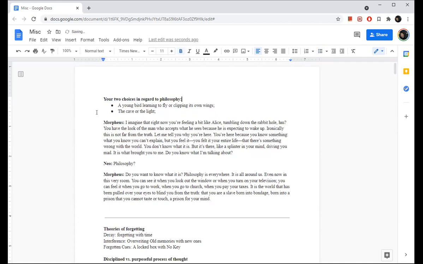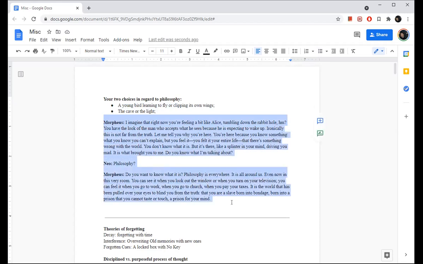And then I got this one from Atlas Shrugged: the young bird learning to fly, or its mum clipping its wings, or the bird itself clipping its own wings. And the cave and the light as well, like you can stay in the cave or you can go to the light. So evasion or ignorance or conscious knowledge.